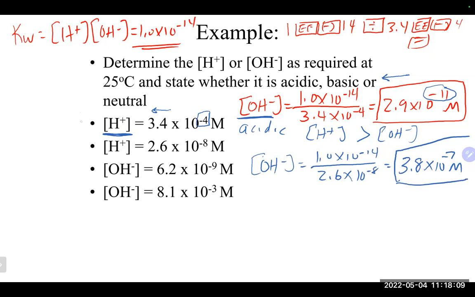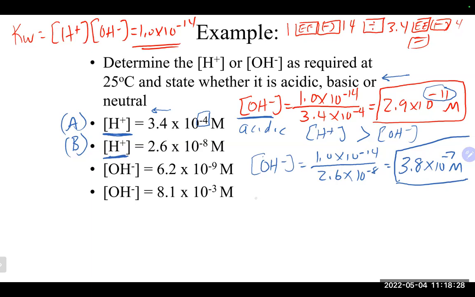So first guy here was acidic. That would make this one acidic, basic, or neutral? This one would be basic. Again, the OH minus concentration is larger than the H plus concentration that we're comparing it to.